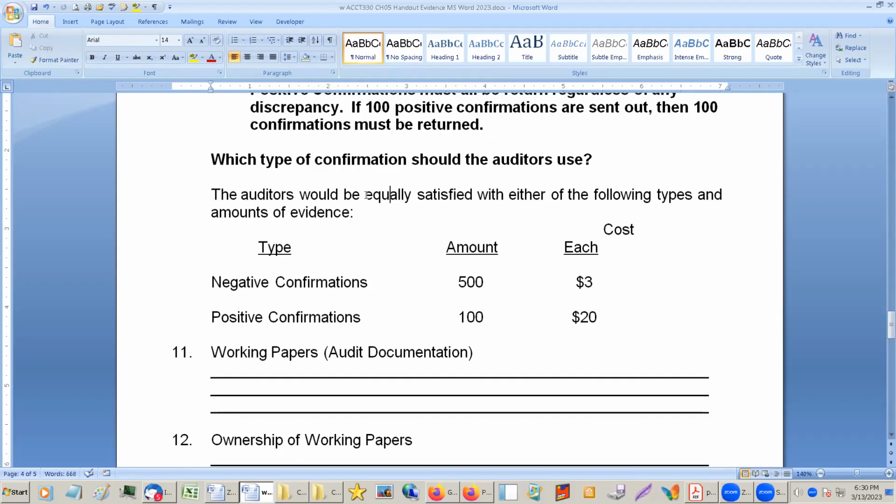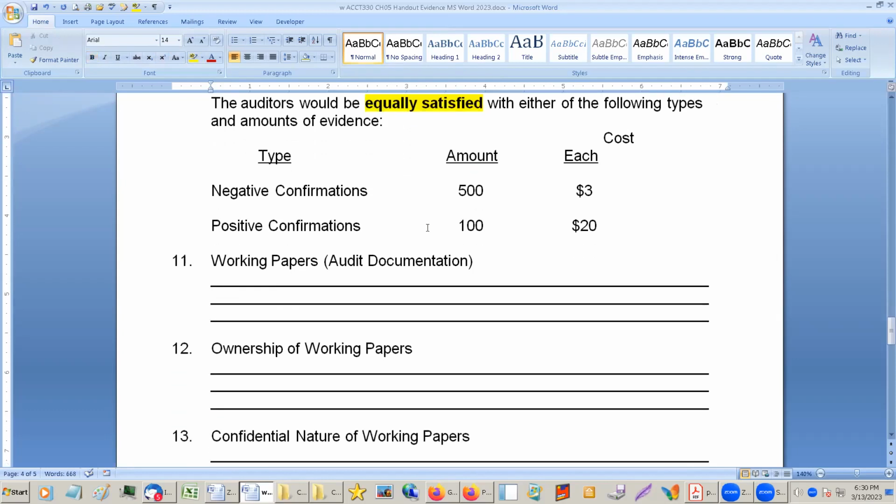Suppose the auditors would be equally satisfied with either of the following. Oops, I should say cost each. I'm sorry, formatting problem. And that is we have negative confirmations. Now notice we have a whole bunch more negative confirmations because it's not as good of evidence as positive ones. Right?